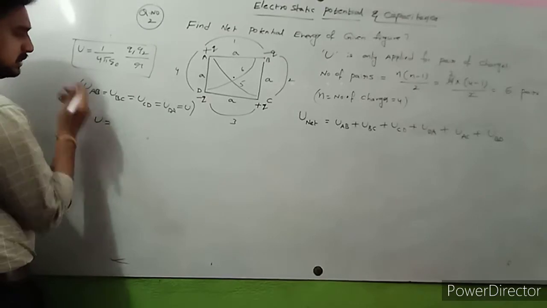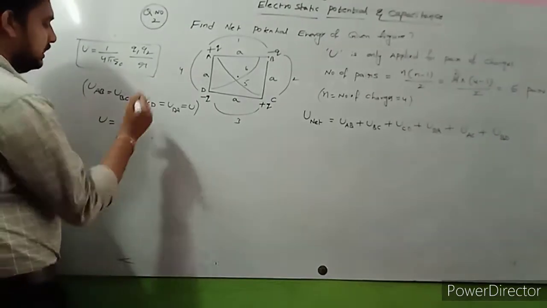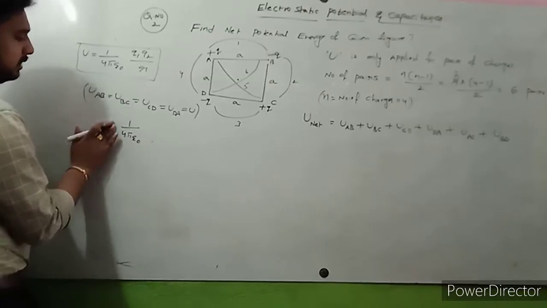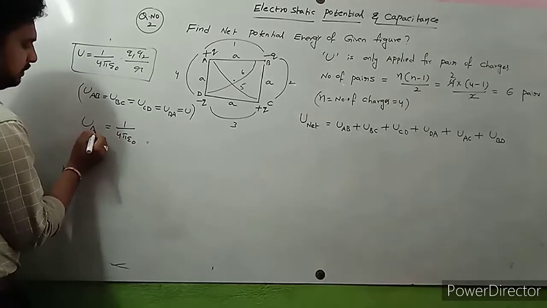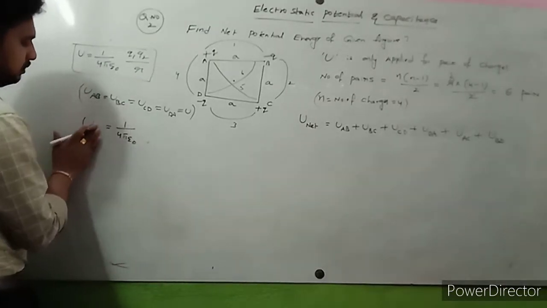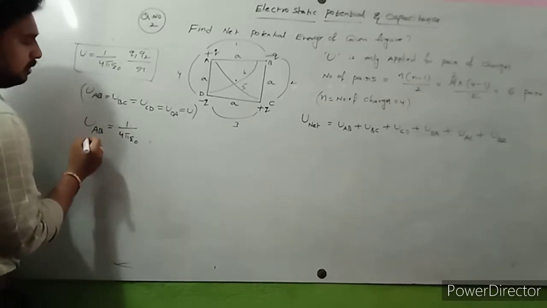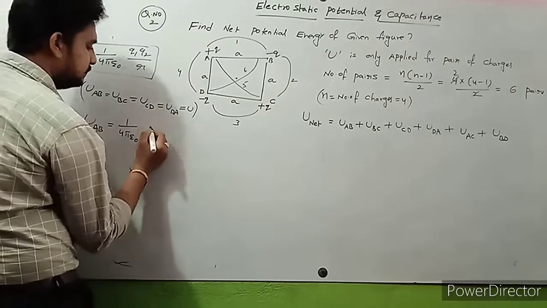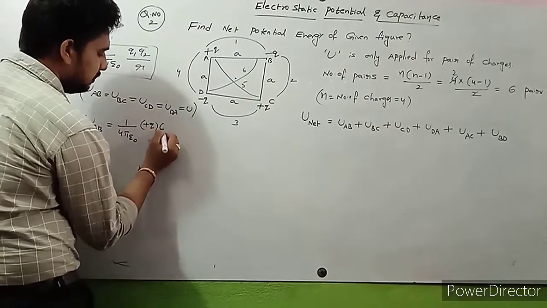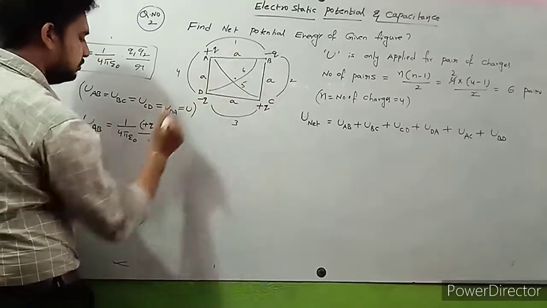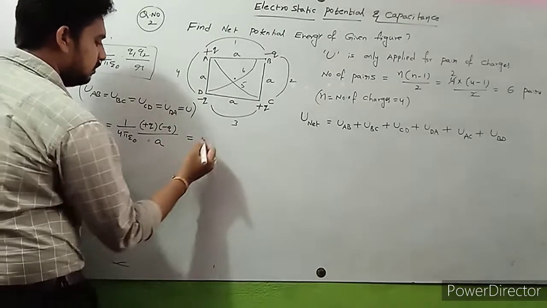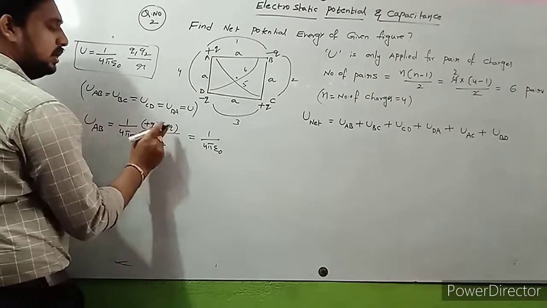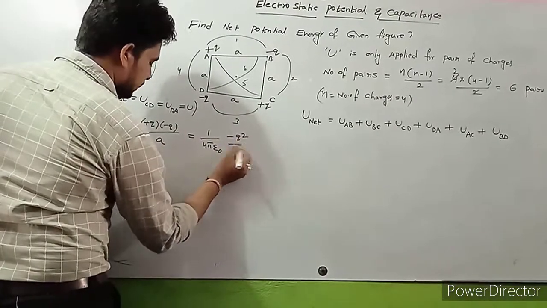For that U value, consider any two charges, for example UAB: 1 by 4 pi epsilon naught into q1 into q2. That means plus q into minus q, with distance between them a. Then we get 1 by 4 pi epsilon naught into q into minus q, that is, minus q square by a.